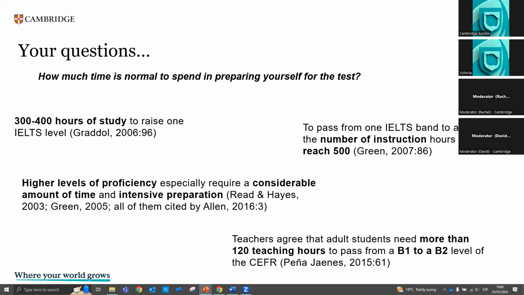It depends on the training that you receive. So really, the answer is it depends on your situation. Of course, 120 hours in a month, I don't think that's possible. But I was thinking more about a year and a bit, maybe even 2 years. So it really depends.